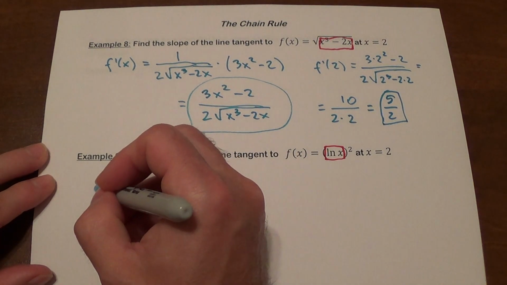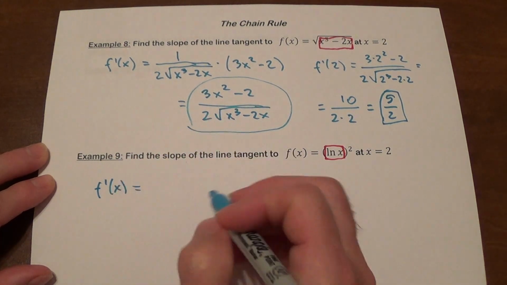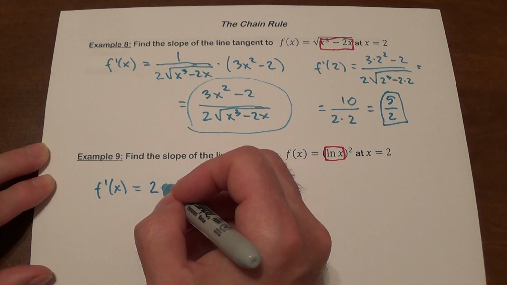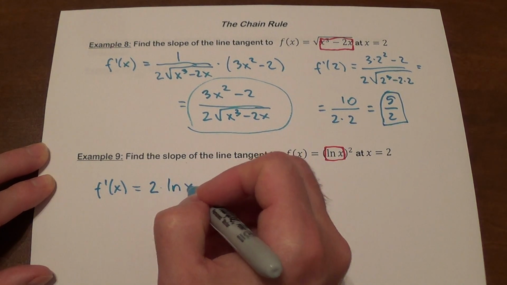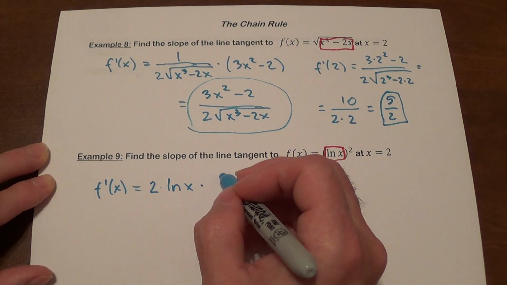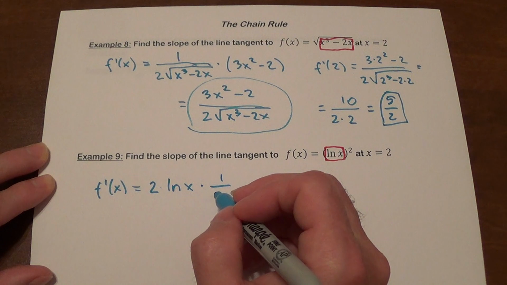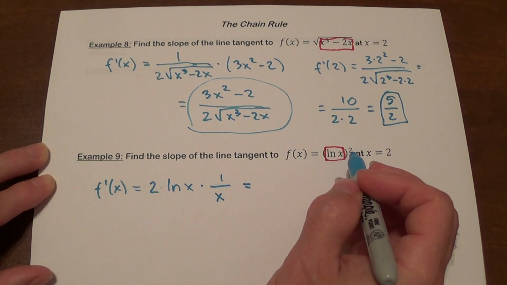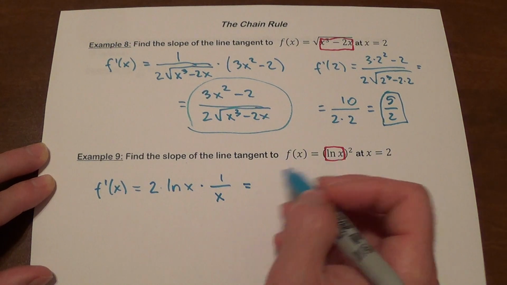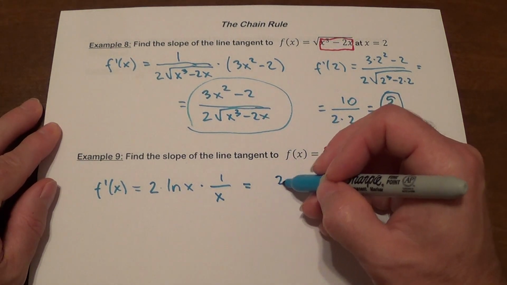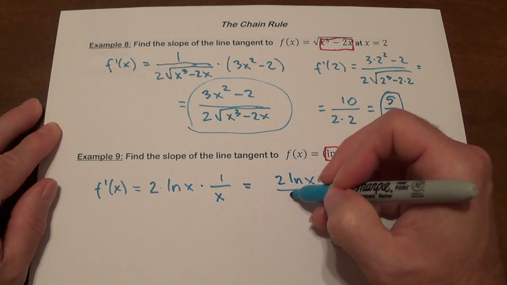When you find f prime of x, the derivative of the quadratic function is 2 times ln x to the first power, times the derivative of ln x, which is 1 over x. Right? The derivative of the outside function is 2 times ln x, and the derivative of ln x, which is the inside function, is 1 over x. So we can write that as 2 ln x over x.